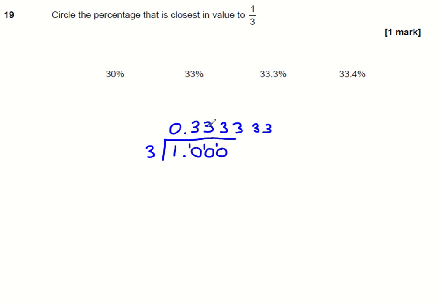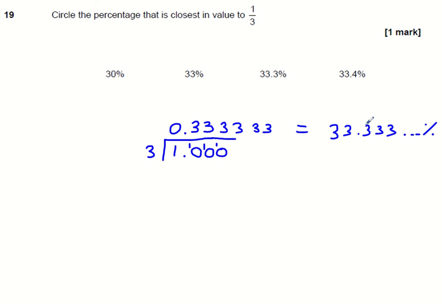So if you multiply this by 100, all of these numbers will move 2 places up, which means that's going to be 33.333 and so on percent. So it's already not 30%, it's not 33, it's between these last two. And then it comes down to how you round it. So since these are all to 1 decimal place, we need to round this to 1 decimal place.